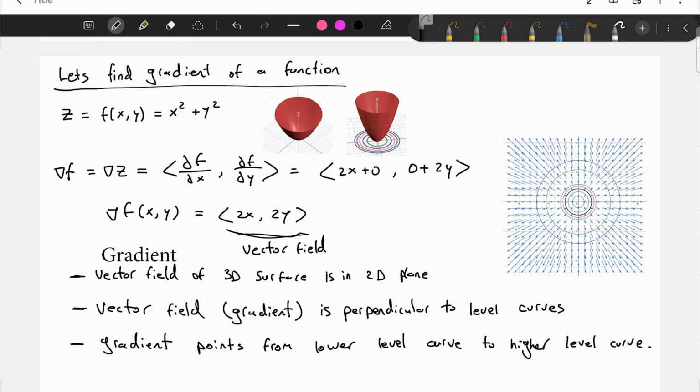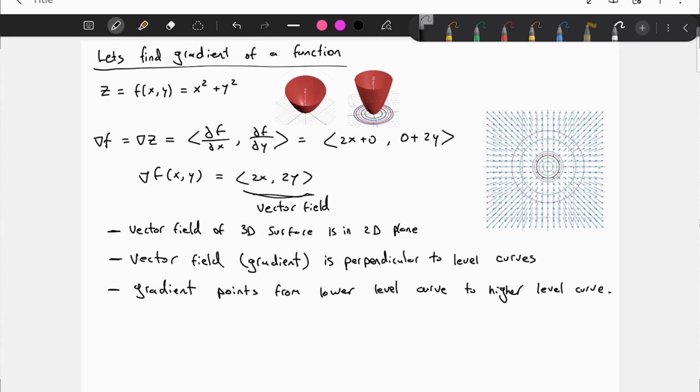The gradient vector field is perpendicular to level curves, and the gradient or vector field points from a lower level curve to a higher level curve.